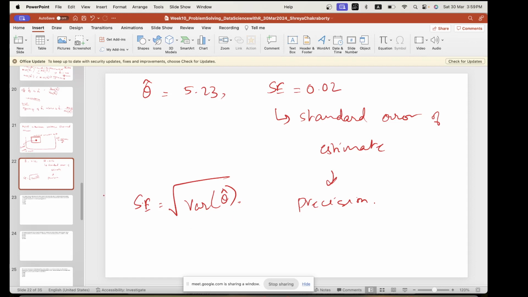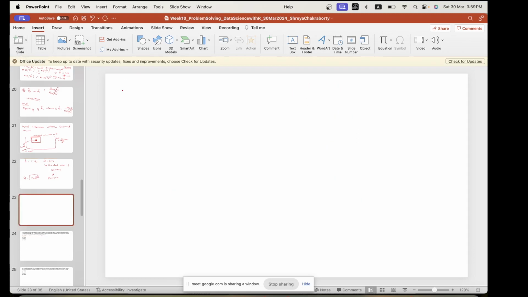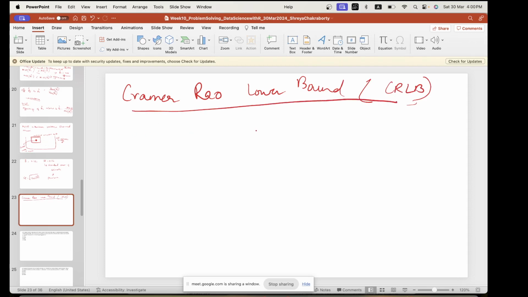Another thing that we learned is the Cramer-Rao lower bound, or CRLB. What does this lower bound provide?